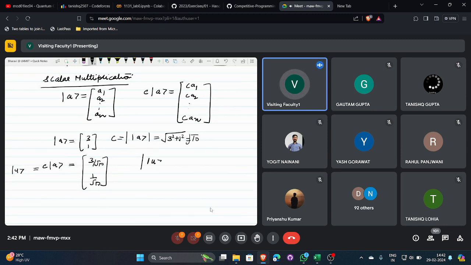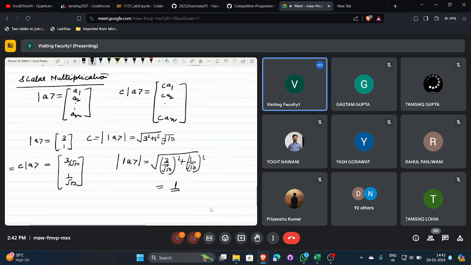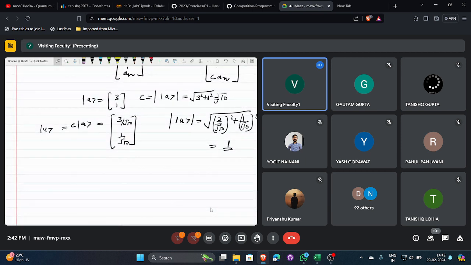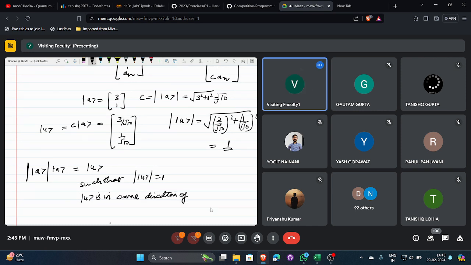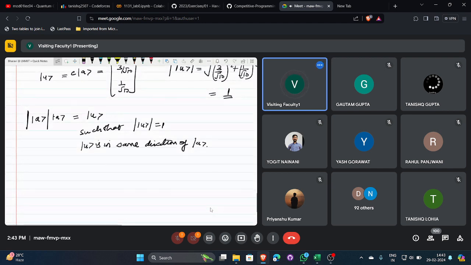Now if I find the length of this ket vector U, it will be 9 upon 10 plus 1 upon 10, which is 1. So in a very simple word, when I multiply the inverse of the length of the vector with the vector, I simply get a vector u such that this u is a unit vector, and this u is in the same direction as ket vector A. Clear?